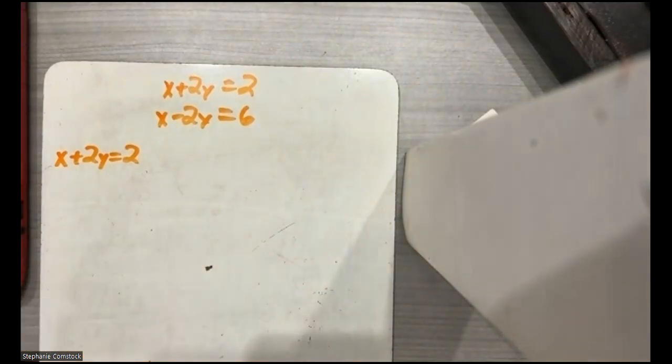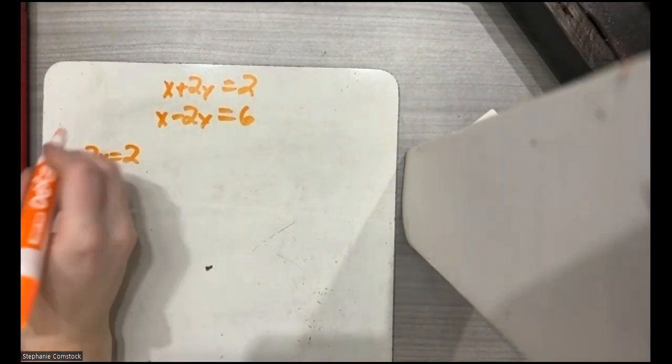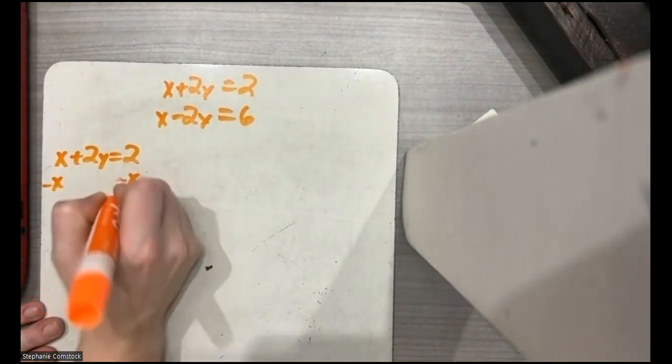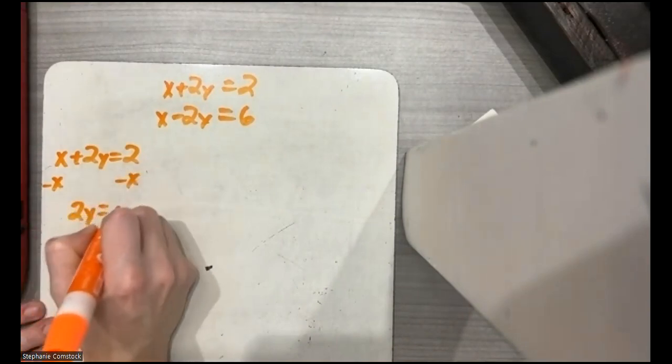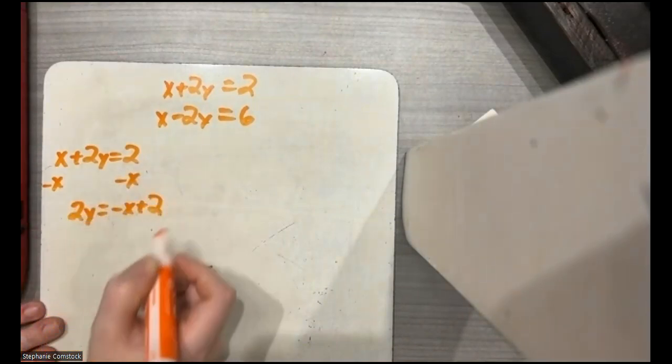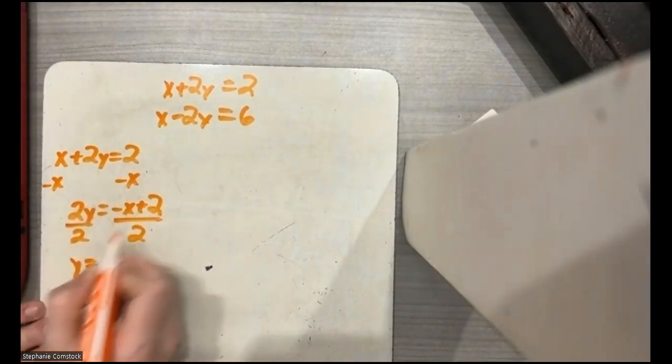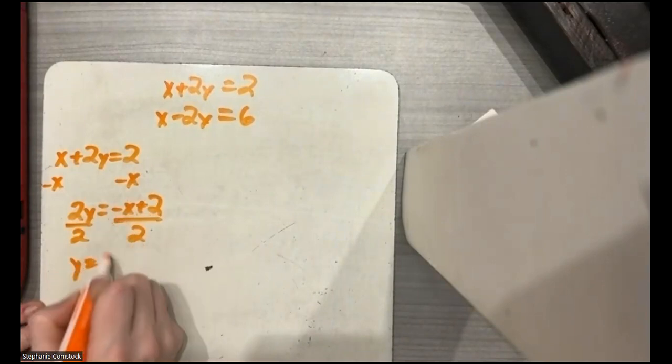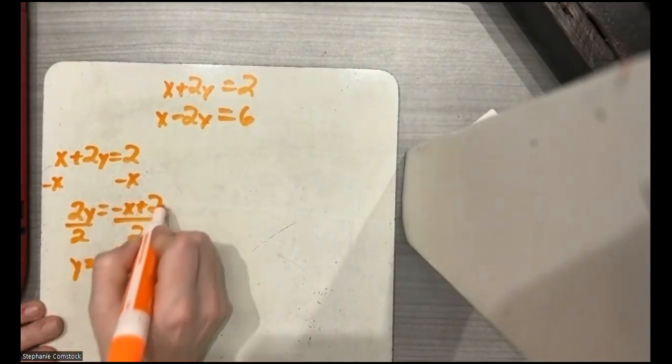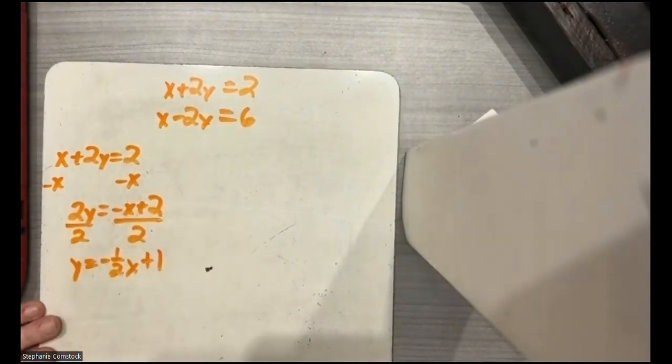So we're going to start by subtracting our x. So I've got 2y equals -x plus 2, and then I'll divide by 2. So I've got y equals -1/2 x, and then 2 divided by 2 is +1.